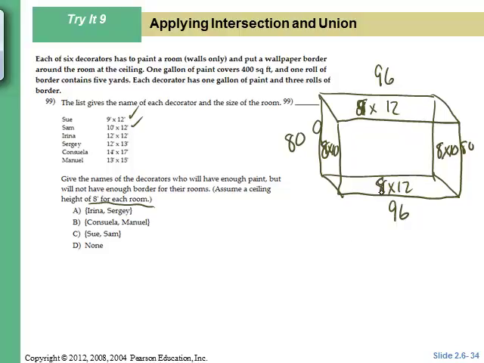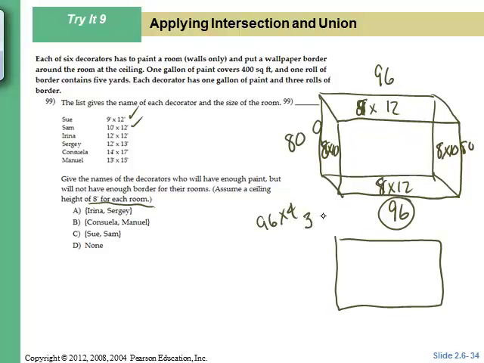How about a 12 by 12 room? Well, if you notice, each wall will have 96 square feet. 96 times 4 gives us 384 square feet. I think that's right. 96 times 4.